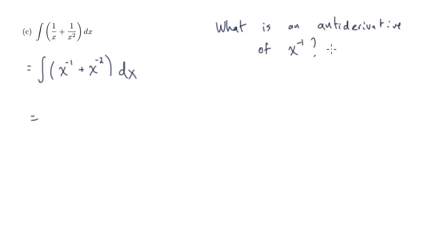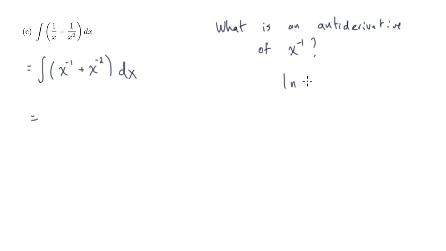Well, we actually already know the answer. So just think back and again, go through your differentiation rules and see if you can think of a function whose derivative is x to the minus 1 or 1 over x. And so, well, maybe you had to look it up, but the function is natural log of x.